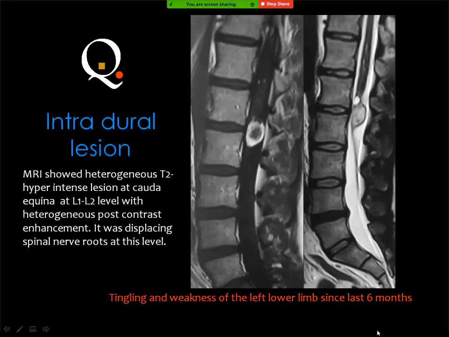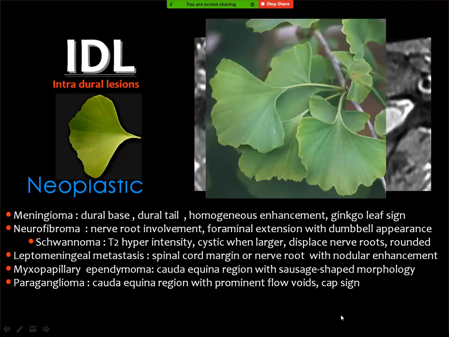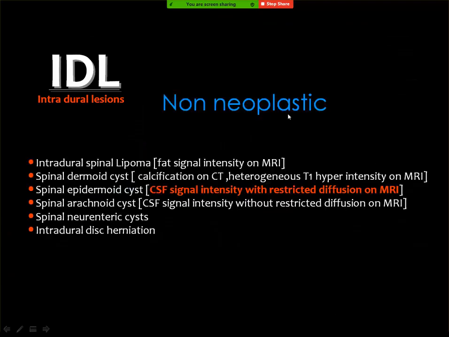Then you remember the differential diagnosis of intradural lesion. These are neoplastic: meningioma, neurofibroma, schwannoma, and metastasis if there is a known history of malignancy. Then the non-neoplastic lesions: intradural lipoma, this is not. Intradural dermoid, it does not contain fat.